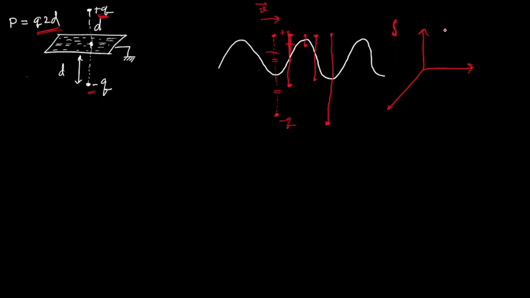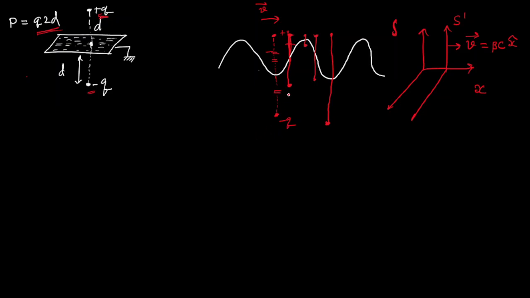That means the S prime frame moves with a velocity v equals beta c, parallel to the x-axis with respect to the S frame. So the S prime frame is the moving frame, and it moves with velocity v equals beta c in the positive x direction with respect to the S frame.